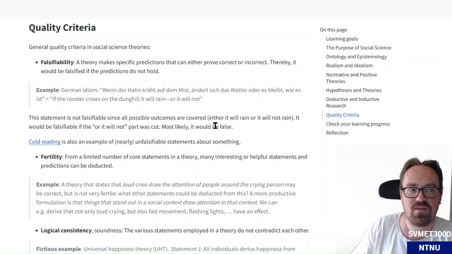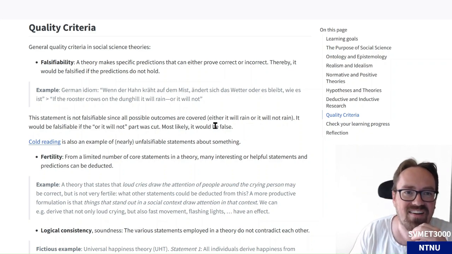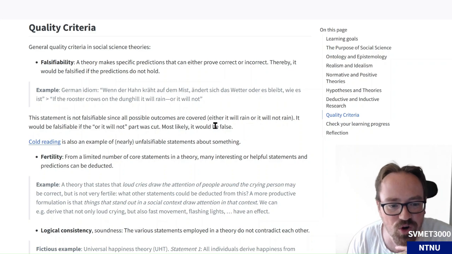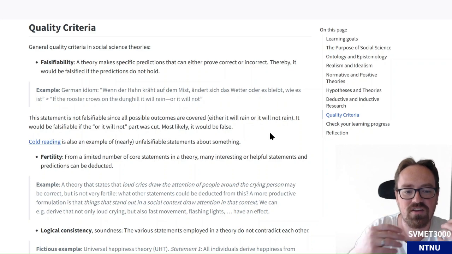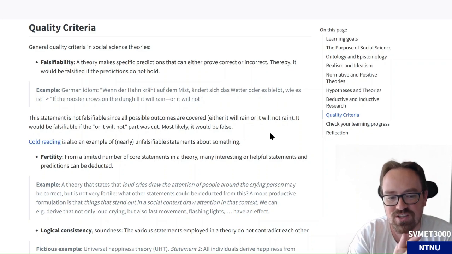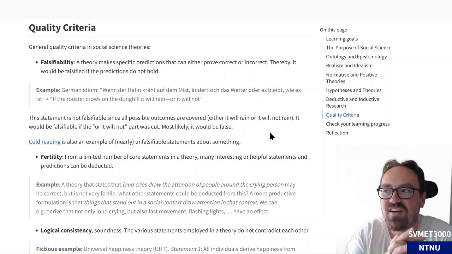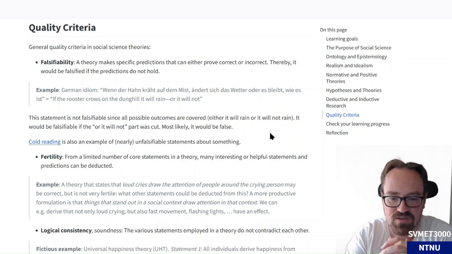Interestingly, if you've seen the TV show The Mentalist or have thought of horoscopes, astrology and these kinds of things, the techniques used in cold reading, when you try to make predictions about the life course of people or make meaningful statements about their past, are often examples of nearly unfalsifiable statements.